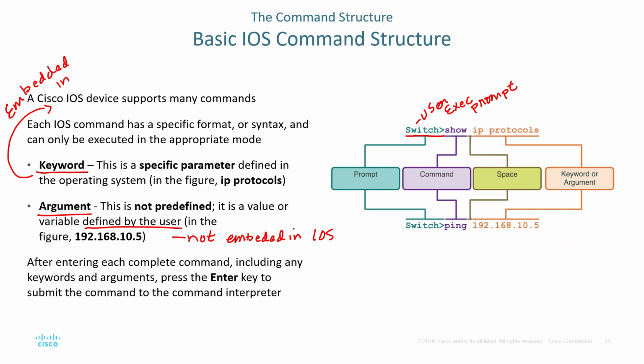Next, we have your command. Your command is something you are asking your device to do. In this example above, I am saying show. So the show command is asking your device for information.